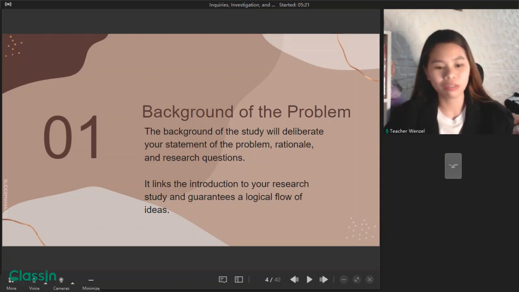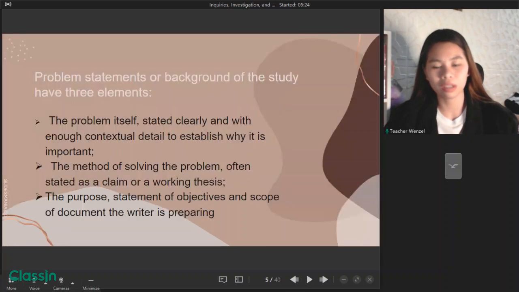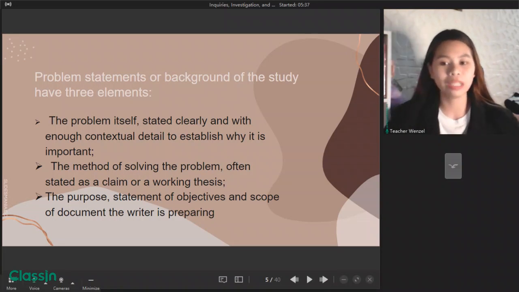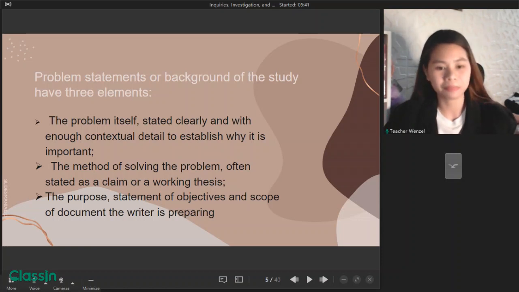Okay? So problem statements or background of the study have 3 elements. So it says here, the problem itself stated clearly and with enough contextual detail to establish why it is important.